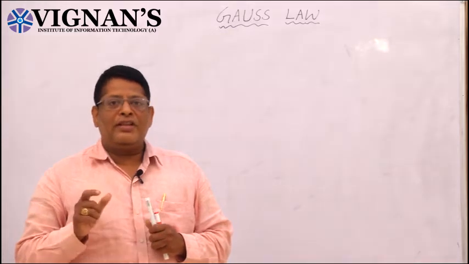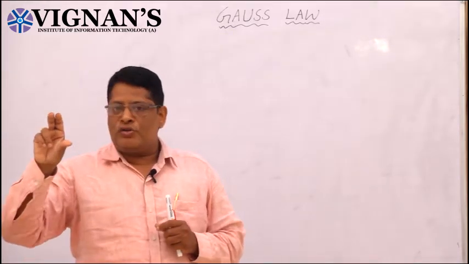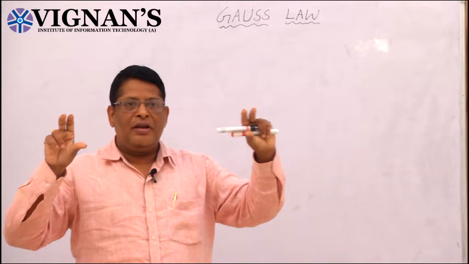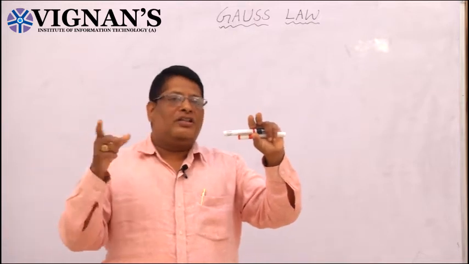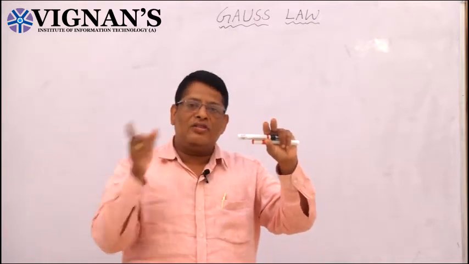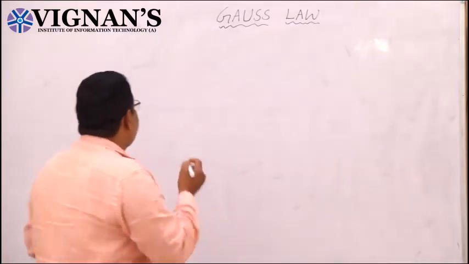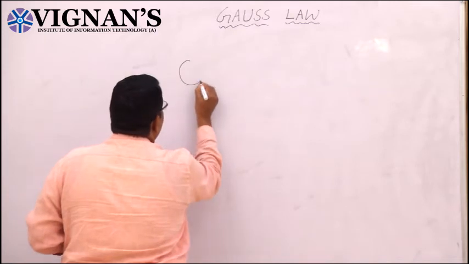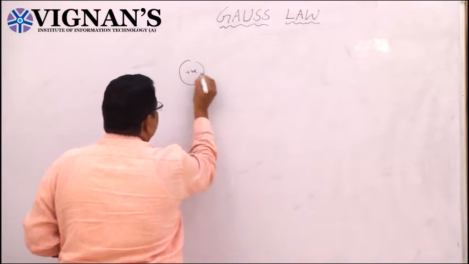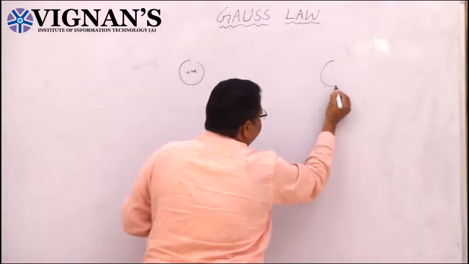Suppose you take two charges, here the positive charge and here the negative charge. Between the positive charge and negative charge, there is always a flux from the positive charge to the negative charge. If you want to represent it in a diagram, here we are taking the positive charge, here we are taking the negative charge.